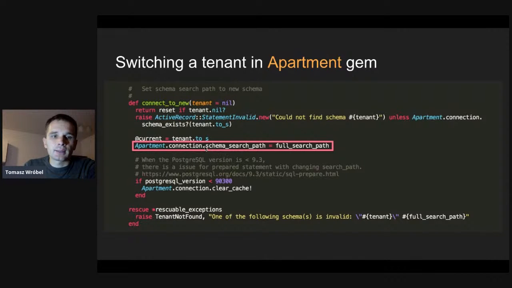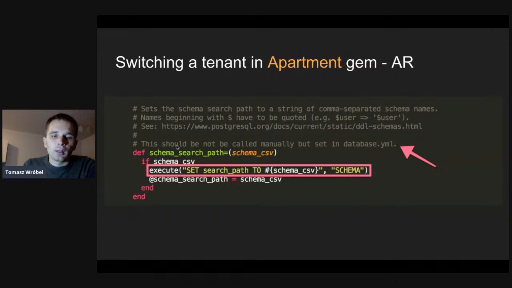It basically sets this property on the Rails DB connection. It's interesting to see that even the comments say that this is not the way you should use this piece of ActiveRecord code, but still people do it and this works. So this piece of SQL is what's getting executed at the beginning of every request you handle. You're basically saying, this is the tenant I'm going to handle. Please now give me the tables of this tenant.